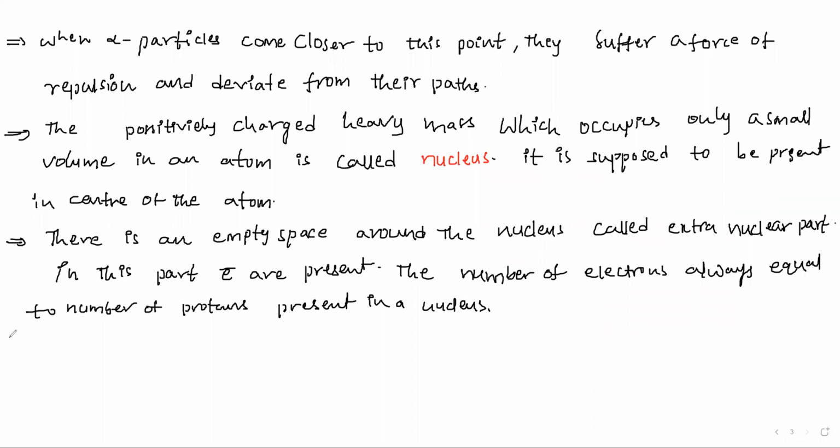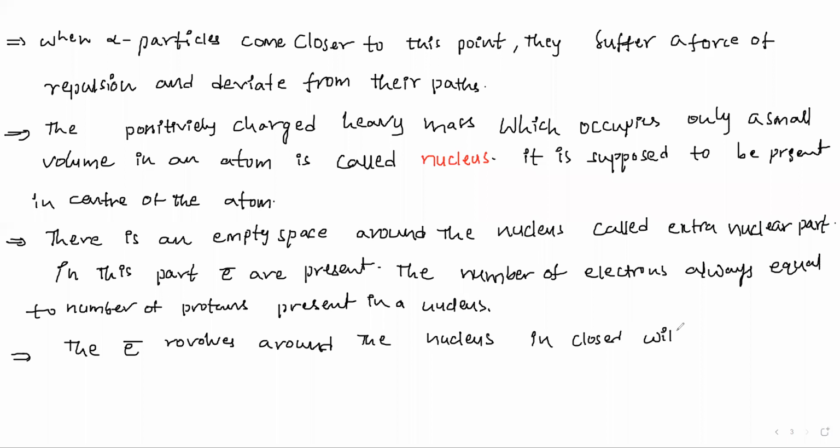Next point, the electrons revolve around the nucleus in closed orbits with high speed.